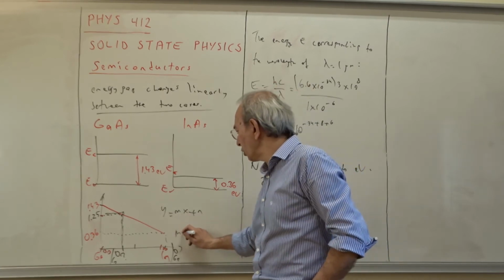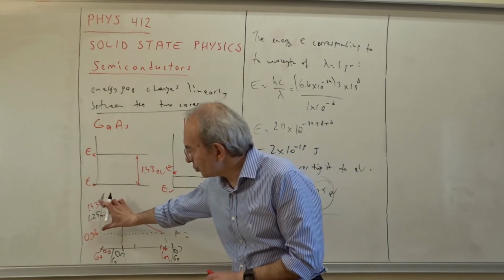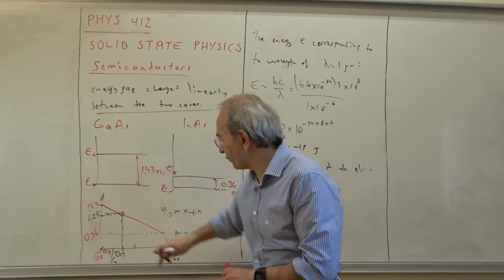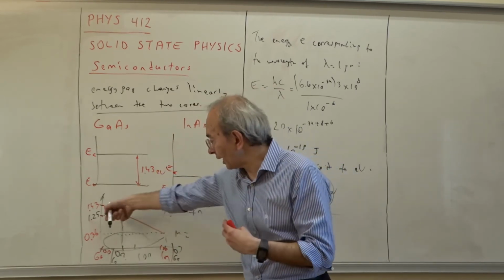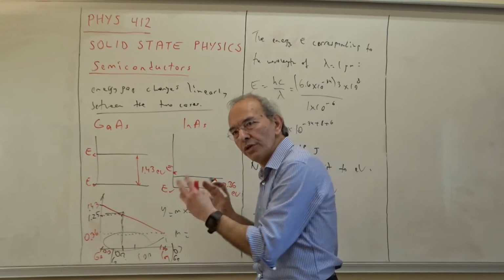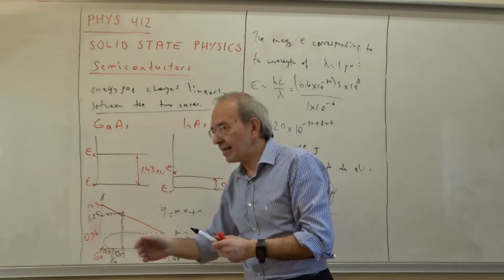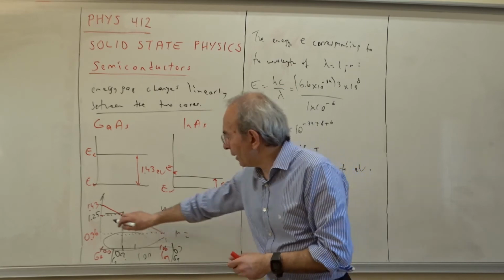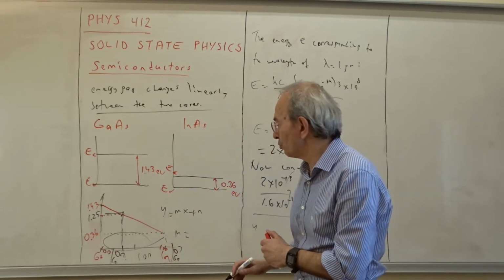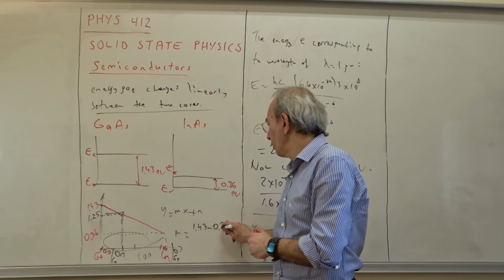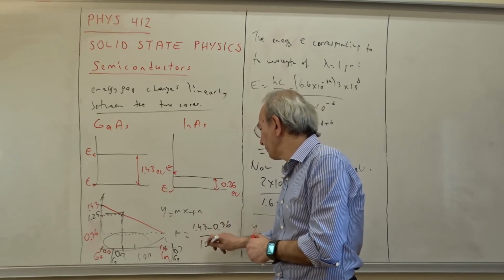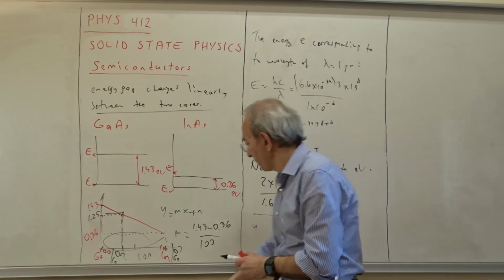What is the negative slope here? It is this difference divided by that difference. Let me call this difference 100 units, because 100% gallium or 100% indium. So we take the base as 100 units, but that difference corresponds to 1.43 minus 0.36 over 100.